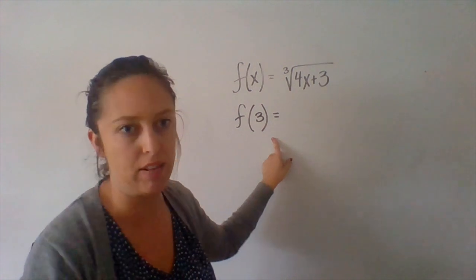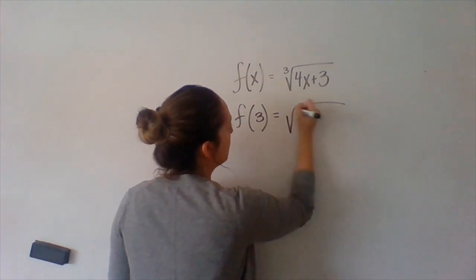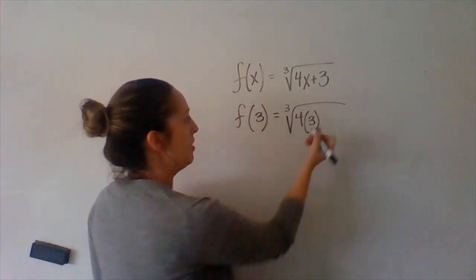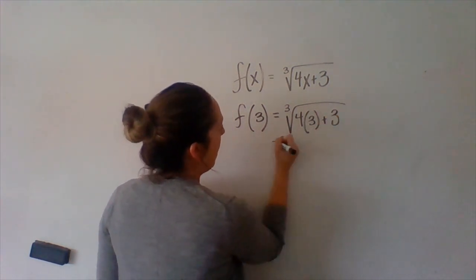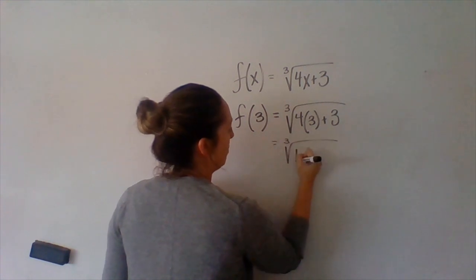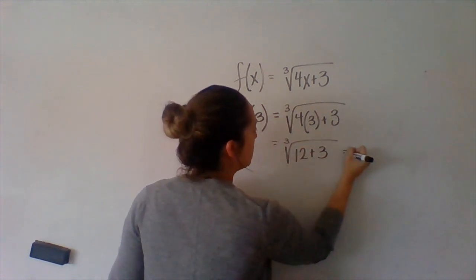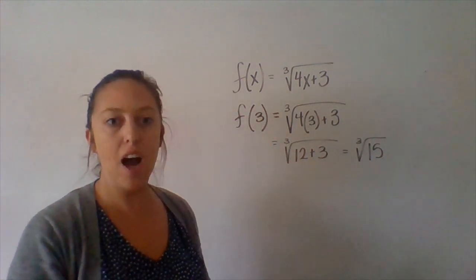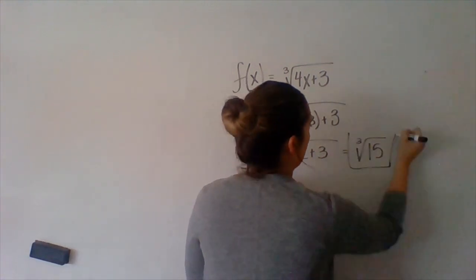Our input is going to be 3, okay? So I'm going to write this exactly the way it is, but instead of that x, I'm going to put the 3 plus 3, and then I'm going to simplify. I have cubed root of 12 plus 3, which gives me the cubed root of 15. That does not break down, so that would be my final answer.